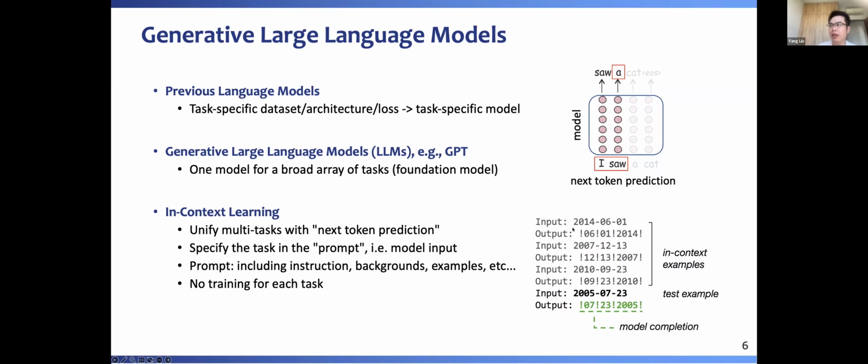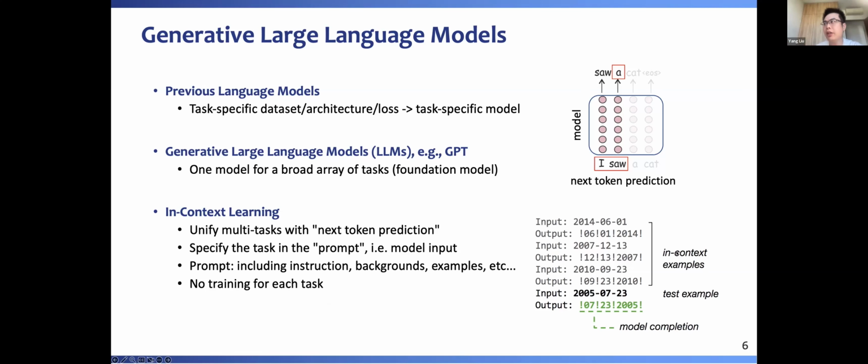For example, here is a very simple example of how to reformat a date. Suppose this is our input and this is our target output. Previously, to finish this task, I would train the model to map the input to the output.